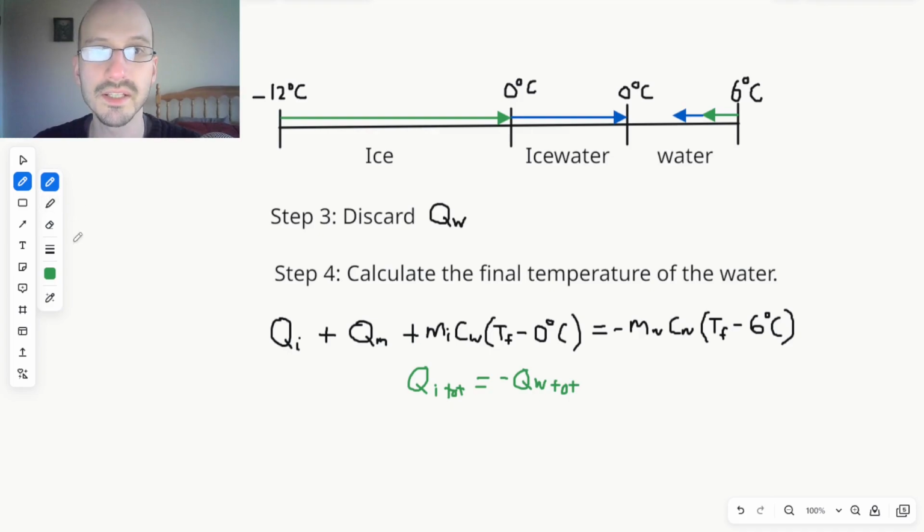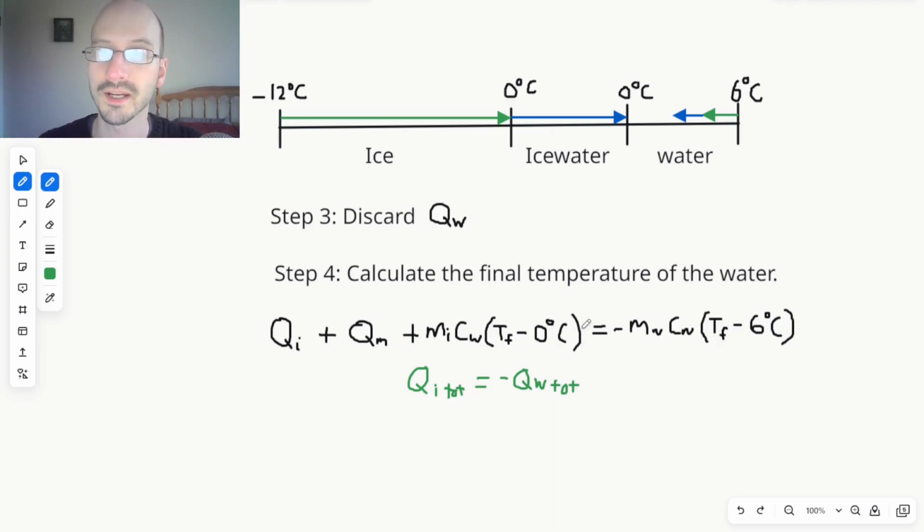So there's a couple details worth noting here. We have mass of ice here. Even though it's transformed into water, we're still looking at the same quantity that used to be ice. So that's why we use the mass of ice, but the specific heat of water. And our delta T is the final temperature minus 0 degrees because this ice is water at 0 degrees.